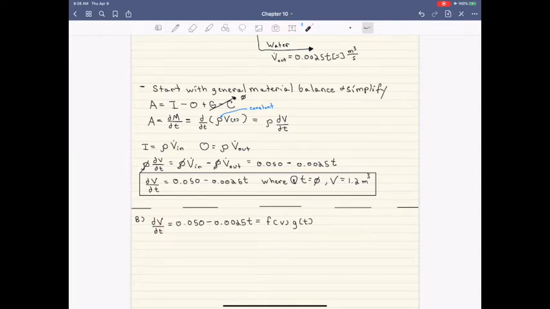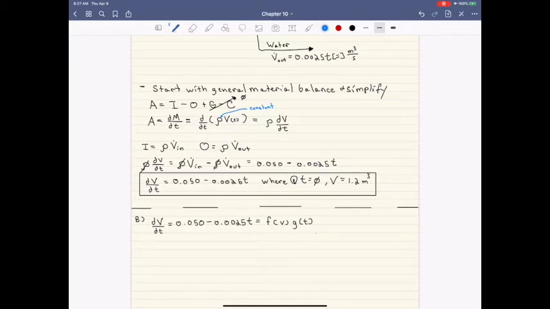And so, at this point, what I want you to do is pause the video and identify the parts of the differential equation that we could say represent a function f of V, and the parts that would represent g of t. Looking at this differential equation, on the right hand side we have 0.050 minus 0.0025t.